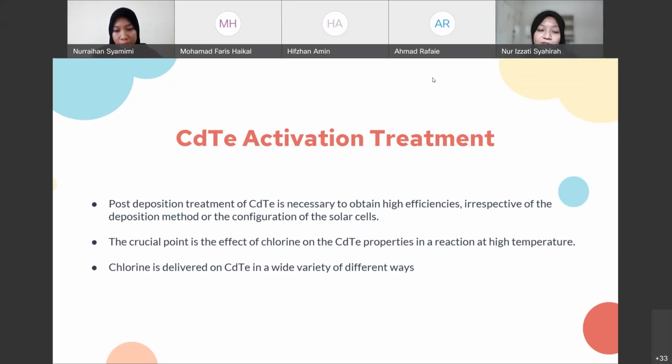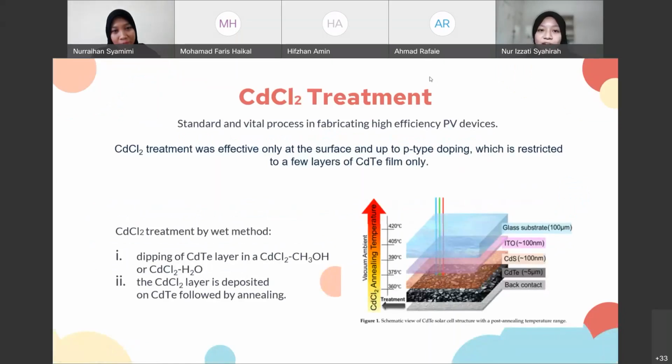This chlorine is delivered to cadmium telluride in a wide variety of different ways. The most common procedure is cadmium chloride deposition on cadmium telluride with subsequent annealing, also known as cadmium chloride treatment.